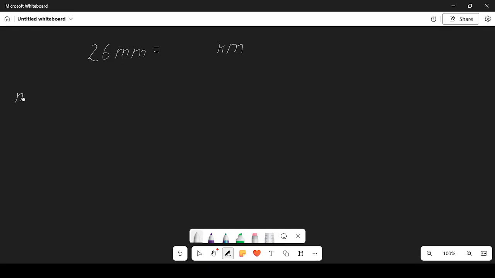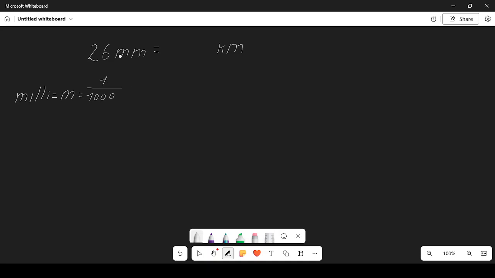Okay, let's say what is milli. In a short way we write it like this, m. Milli, to present it as a simple ratio, is the 1,000th part of something.